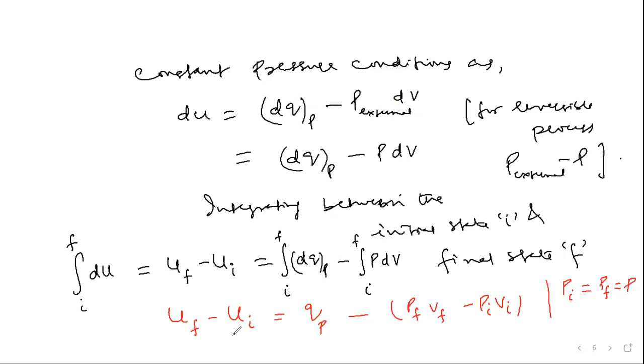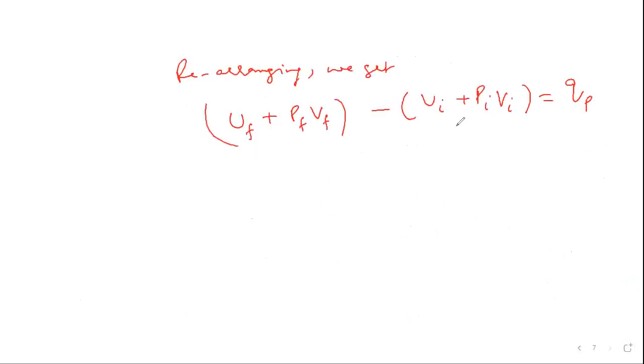Then on this side, minus UI, you take the minus times minus is plus PI VI to the left hand side, which becomes plus PI VI. So we have another term UI plus PI VI, and what remains on the right hand side is QP, right?